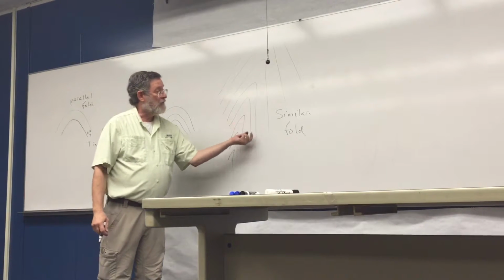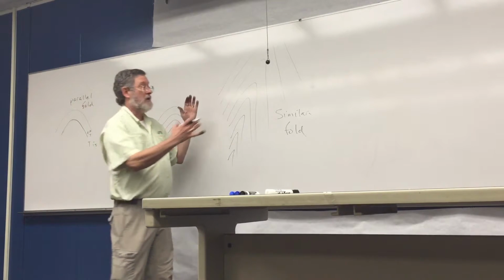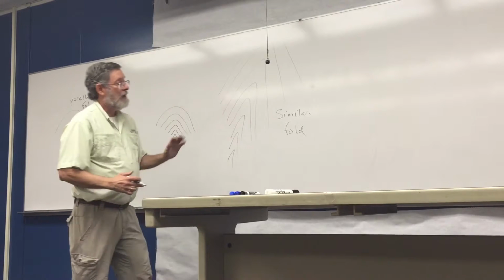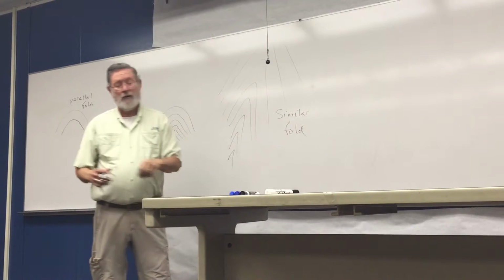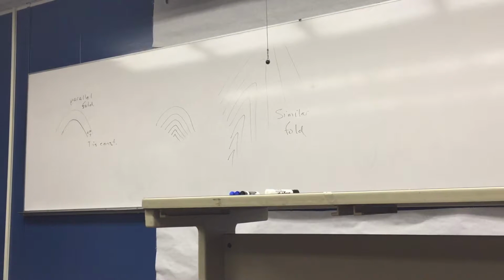The limbs are a little bit thinner, the hinge zone is a little bit thicker. It apparently has material compressing, and this is the basis for some of the terms that we were using last time. We talked a little bit about flexural slip versus flexural flow folding.